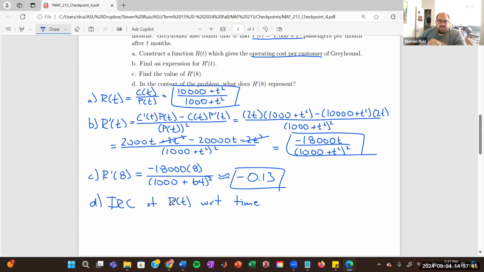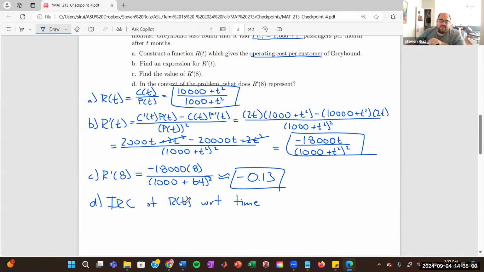Okay, what does that mean? This is more or less general for any derivative. A derivative will always tell you the instantaneous rate of change of whatever the output variable is with respect to whatever the input variable is. So now let's unpack what these variables really say.